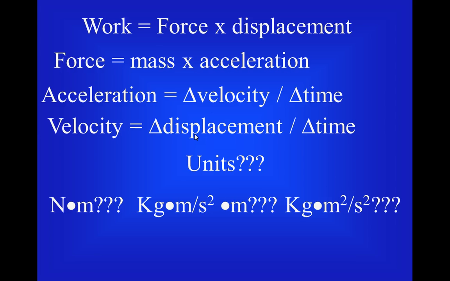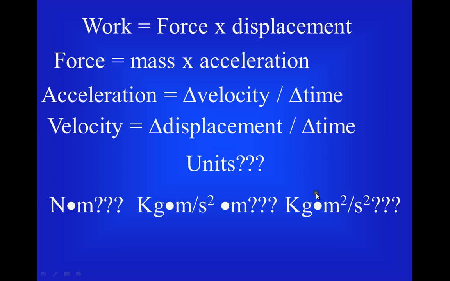Force is in newtons, so it could be newtons times meters, or we could say mass times acceleration, so kilograms times meters per second squared times meters, or maybe kilograms times meters squared per second squared.